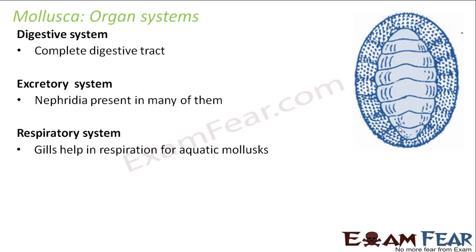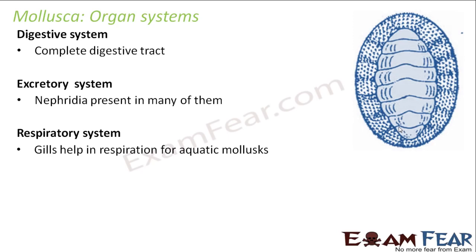For aquatic mollusks, in the previous picture of chiton I showed you, where are the gills present? They actually help in respiration. But gills are present only for the aquatic mollusks. What about the others? For others, they have a large mantle cavity area.